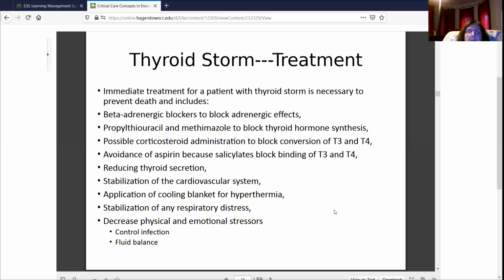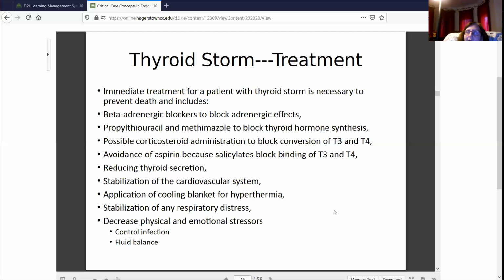Okay. So what immediate treatment is needed for a patient with thyroid storm, and that prevents death. It includes beta-adrenergic blockers to block adrenergic effects. Propylthiouracil and methimazole to block thyroid hormone synthesis.